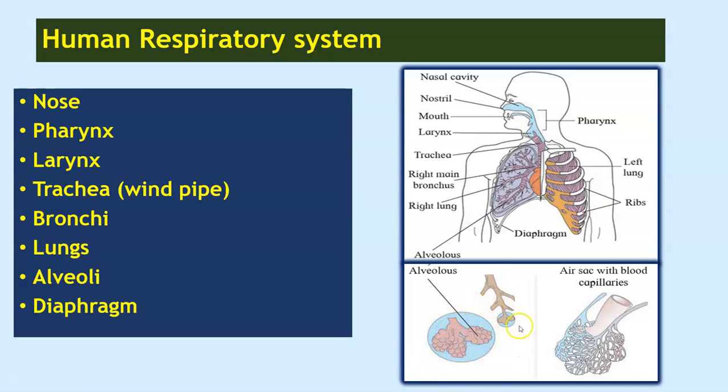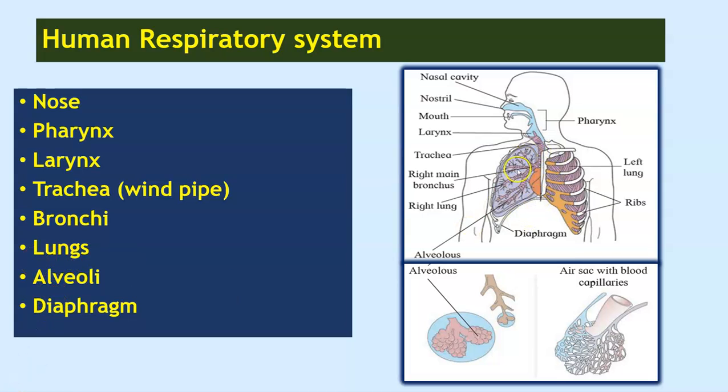Have a look at this image. You can see the secondary and then the tertiary bronchus, and it ends into these sac-like structures which are your air sacs made up of your alveoli.